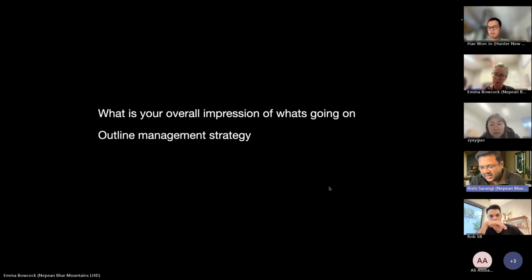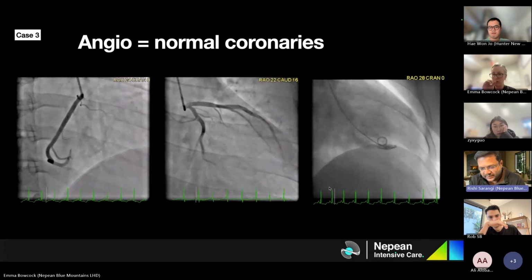But that is a diagnosis of exclusion after ruling out coronary ischemia. So at this stage, I will definitely cover her with systemic anticoagulation and antiplatelets while involving the cardiology team to discuss the feasibility of a coronary angiogram to rule out obstructive coronary artery disease, and supportive management.